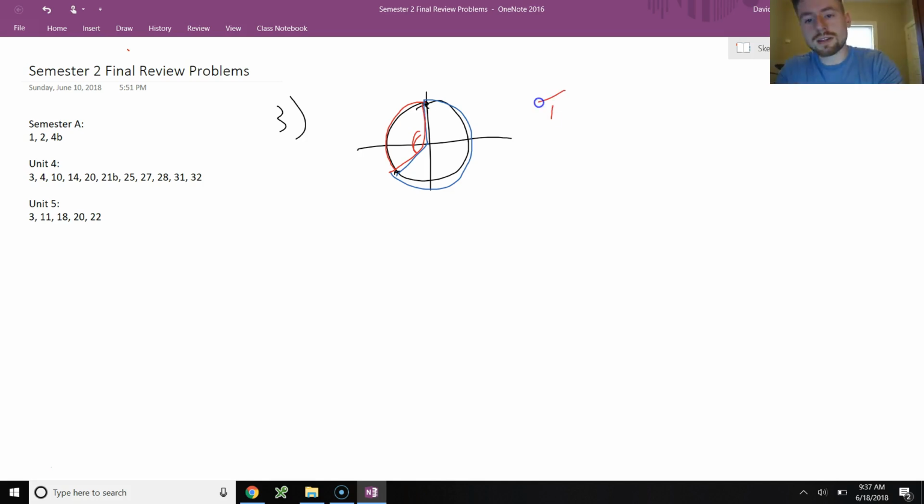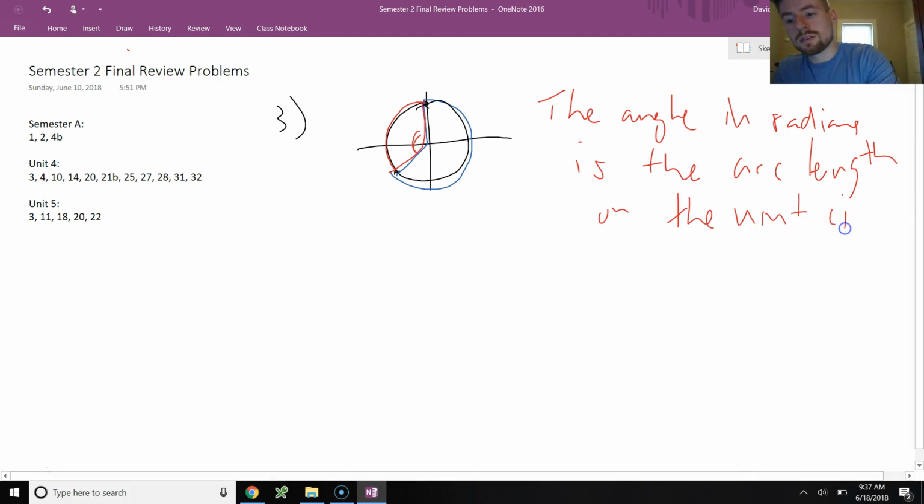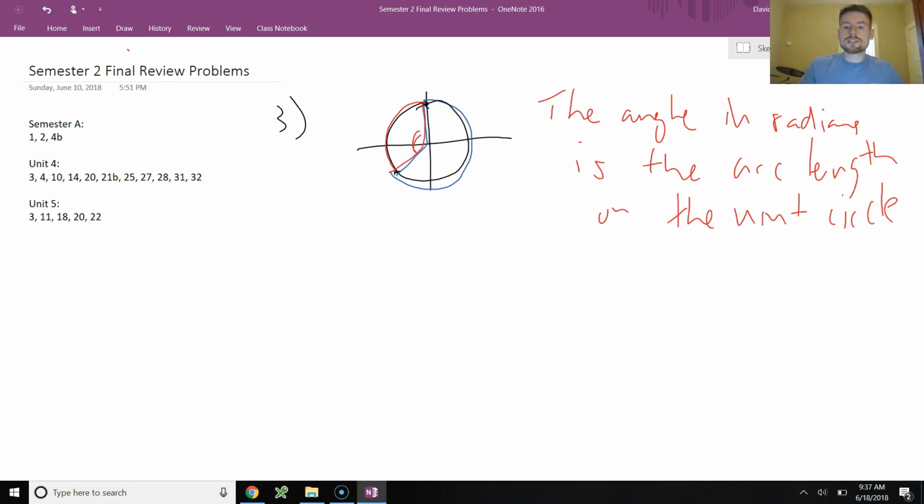So I'll just write that down. The angle in radians is the arc length on the unit circle. Okay, so just knowing the angle in radians is enough.